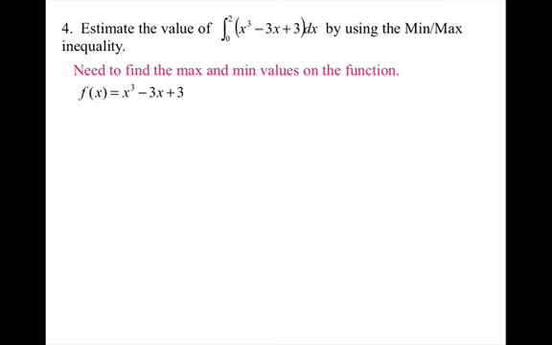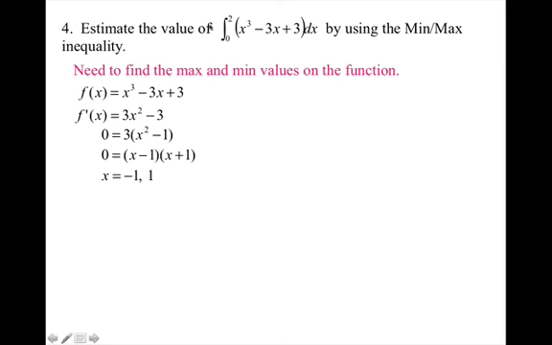In order to determine a max and a min, I need to find the derivative, set the derivative equal to 0, and solve for x to get, in this case, negative 1 and 1. Now, I'm only concerned with the interval from 0 to 2, so x equals negative 1 isn't in my interval, so I can basically ignore it.